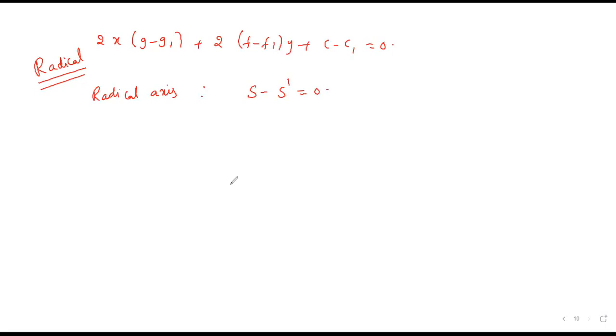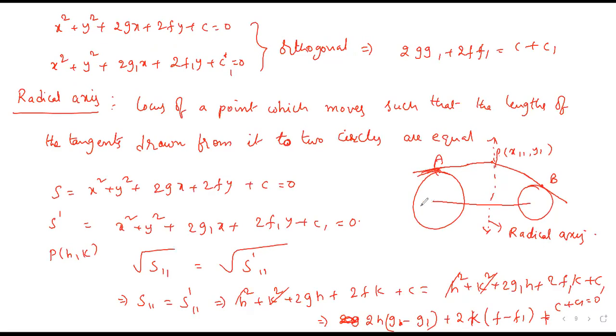And the properties of the radical axis: the first property is that the radical axis is perpendicular to the line segment joining the centers, C1 and C2. From a point on this radical axis, any tangents to the two circles are equal in length.